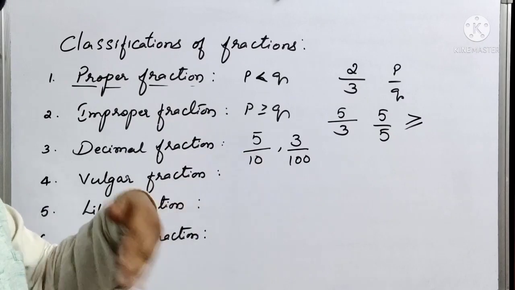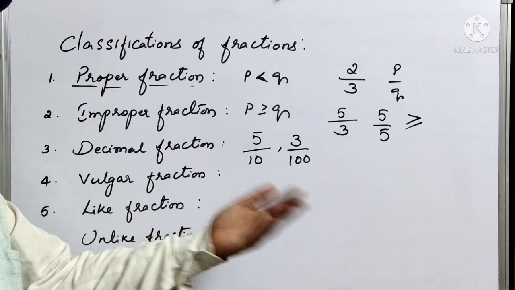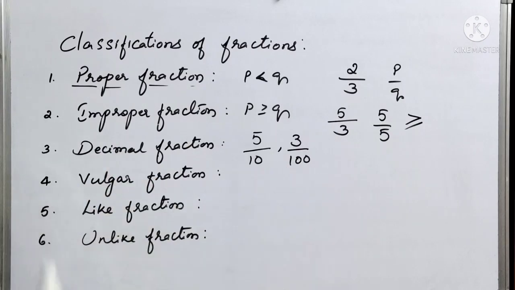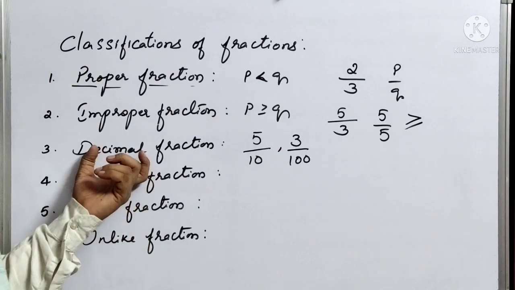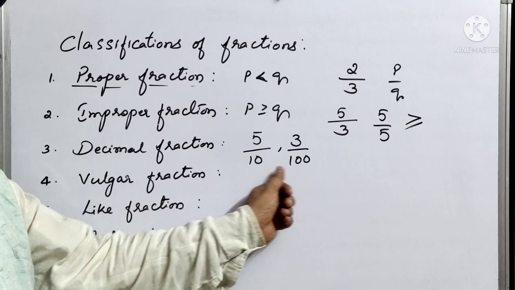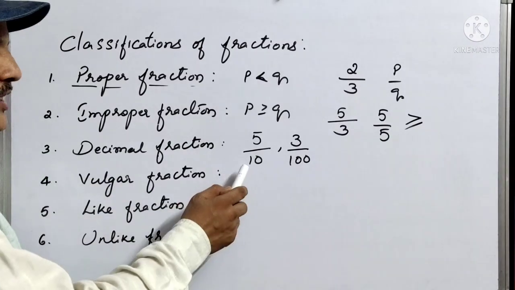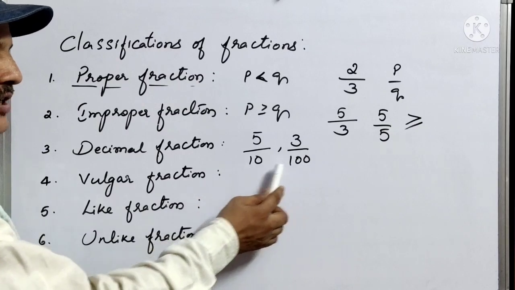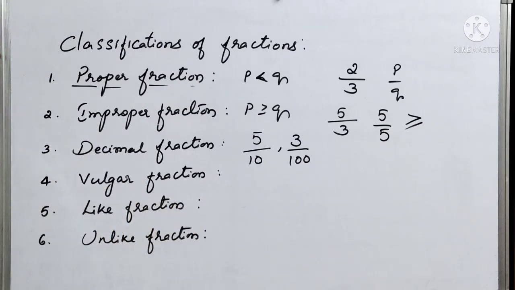That means 10 ones are 10, 10 tens are 100, like that and so on. Multiples of 10: 10, 100, 1000, 10,000, like that. So if you see fractions like this, we can call them decimal fractions.